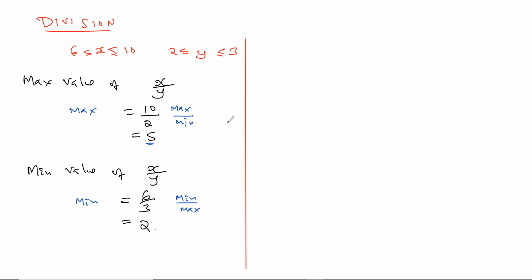In an example on a question, you can be given something like this. You can be asked, given that P equals 12.6 and Q equals 3.4.